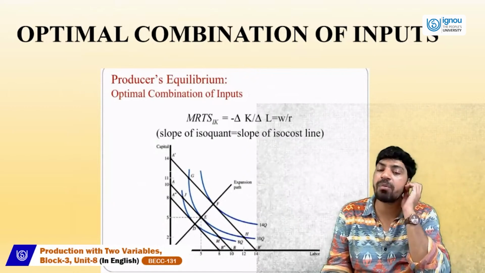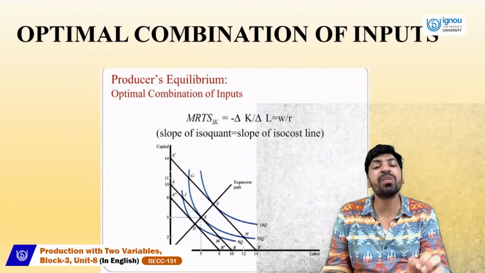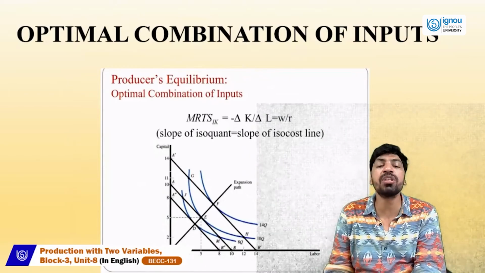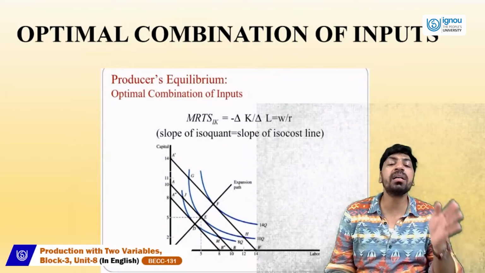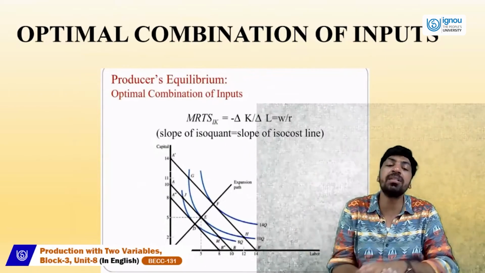So when we talk about the 8 and 14, these are the points where, by combining them, they show the expansion path, which shows a way in which a particular level of output could be produced by combining these two inputs.